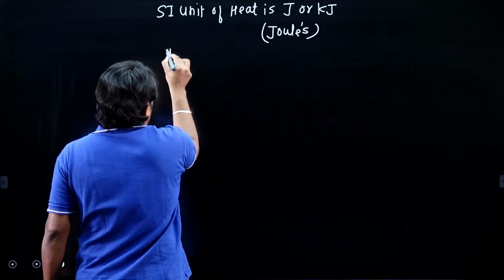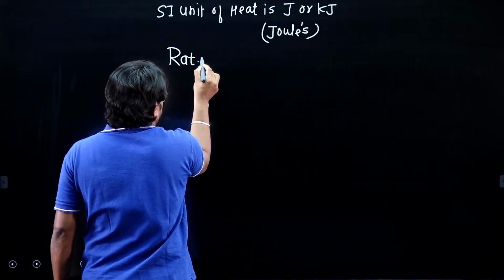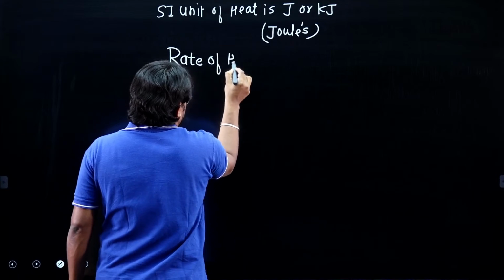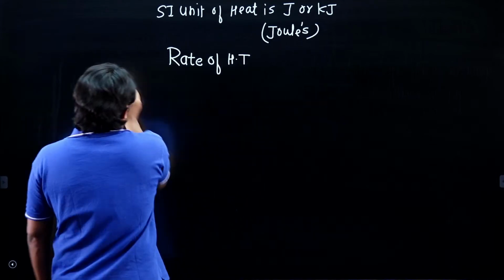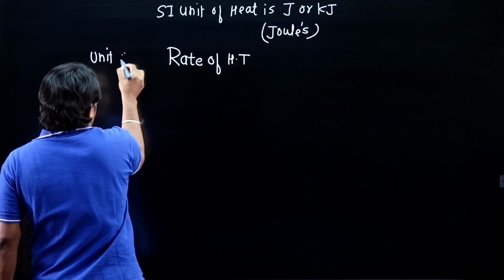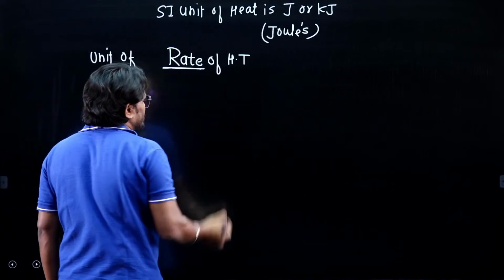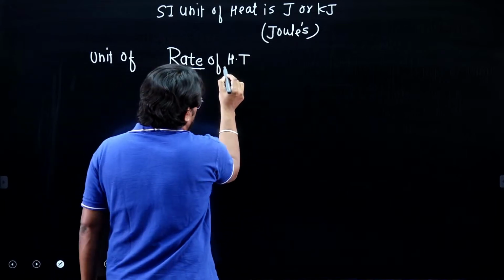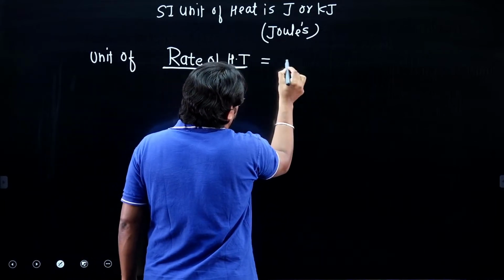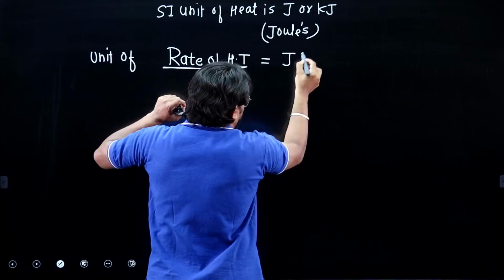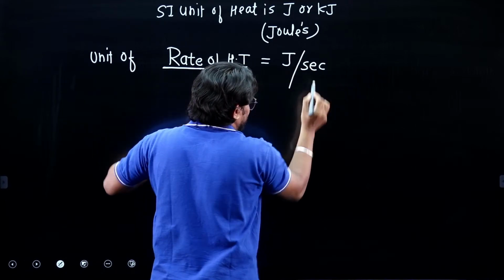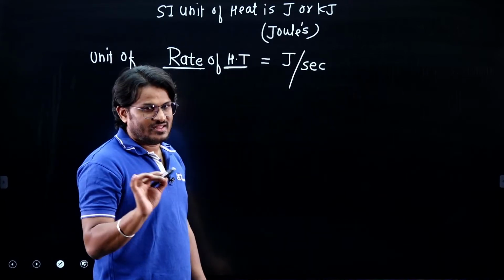But suppose you are calculating the rate of heat transfer. Rate means with respect to time. So what is the unit? Joule divided by time, that is, joule per second.